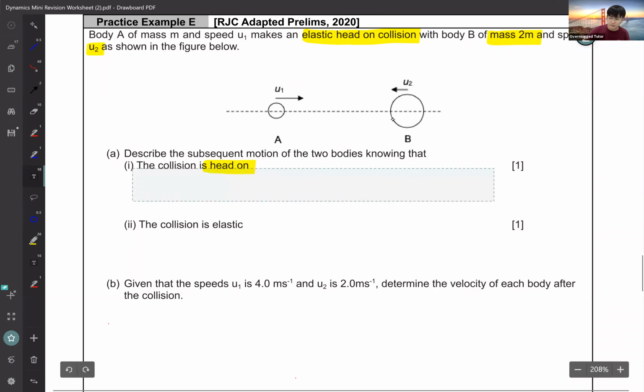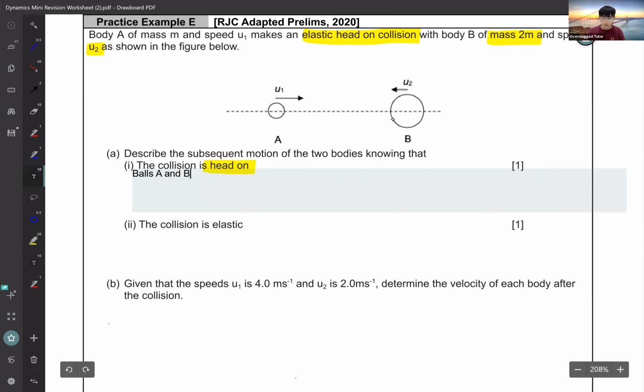So you can say balls A and B will move with momentum that is along the same line. Some schools like to write something along the lines of: the initial and final momenta of A and B are collinear.